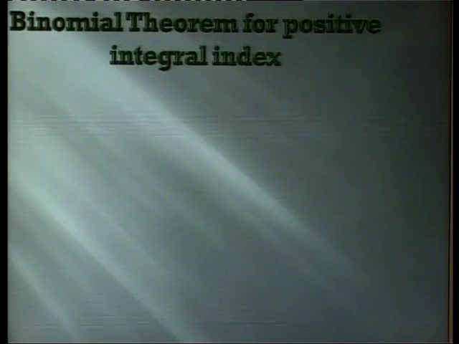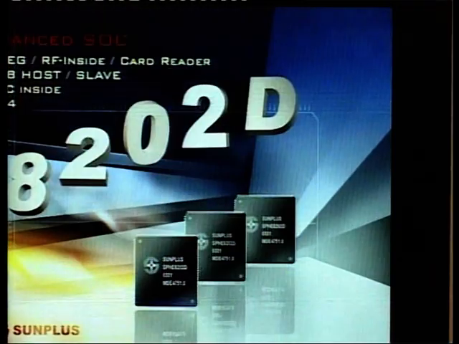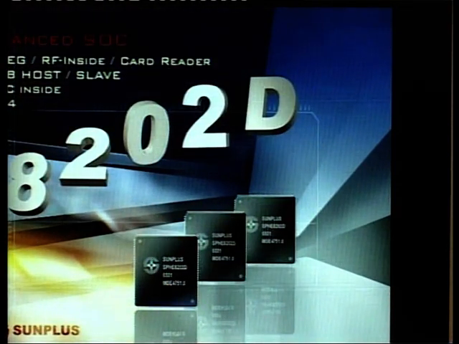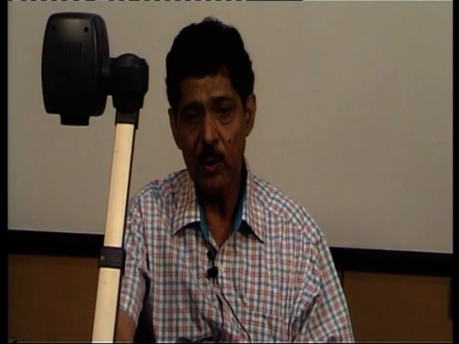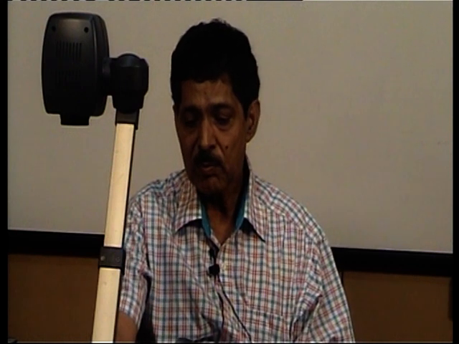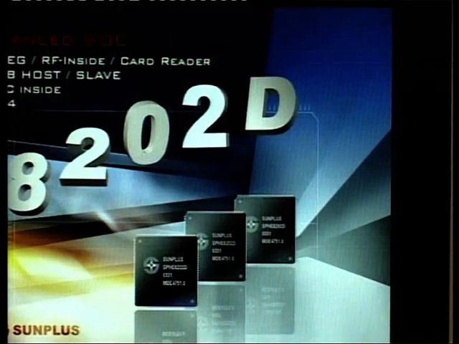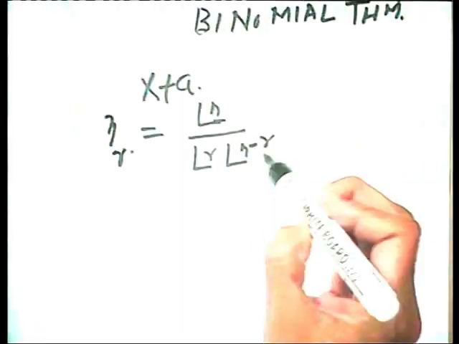Before I go on to define the binomial coefficients and Pascal triangle, I will recall some notations which all of you know. One is nCr. What is nCr? nCr is defined as factorial n upon factorial r into factorial n minus r.